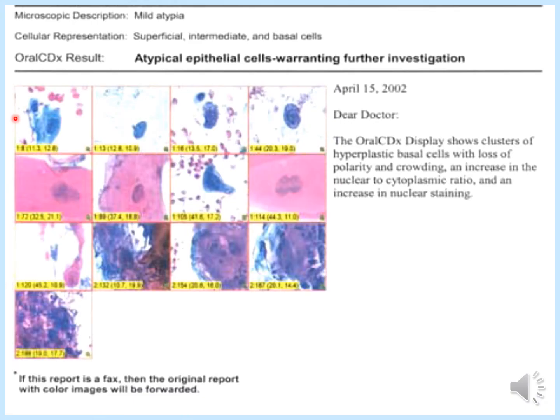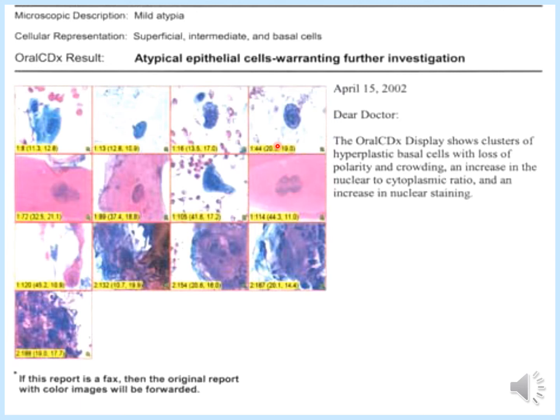Then you send it off to the lab, and the lab, using computerized algorithms, comes up with images of abnormal cells as well as measurements of the nuclear cytoplasmic ratio, the nuclear diameter, and various other parameters that are indicative of atypia.